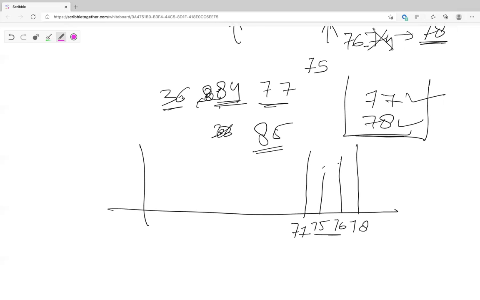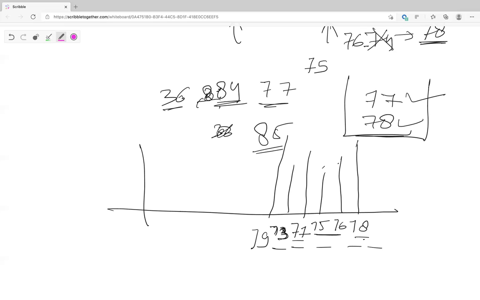Now you're saying 75 and 76 are not useful, so 77 and 78. Now let's say you get 73. You put 73 here, right? Now let's say you get 79. Now you're saying that none of these are useful, right? Is that correct, everyone?